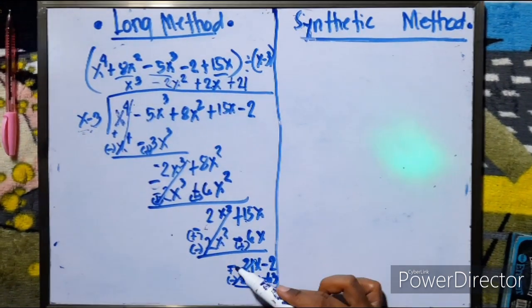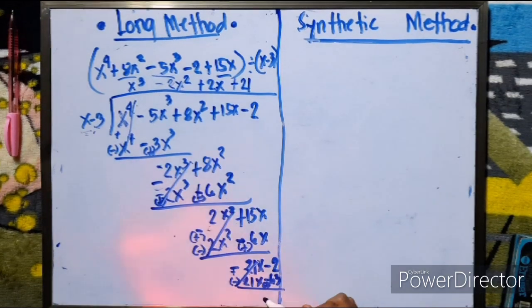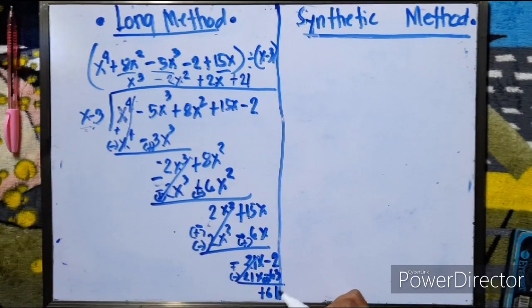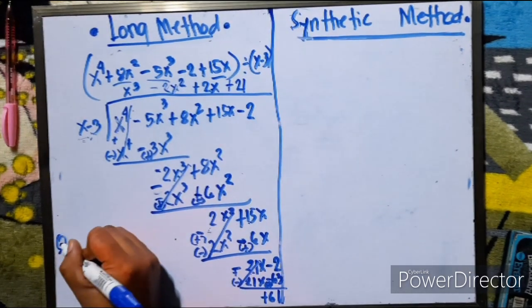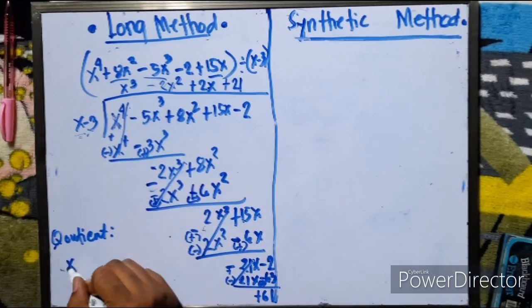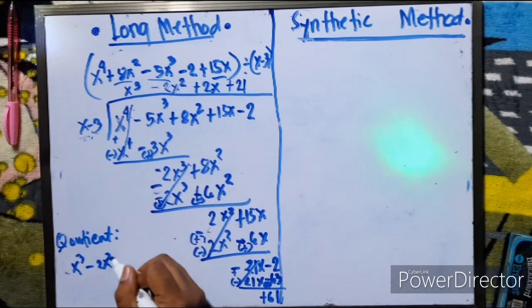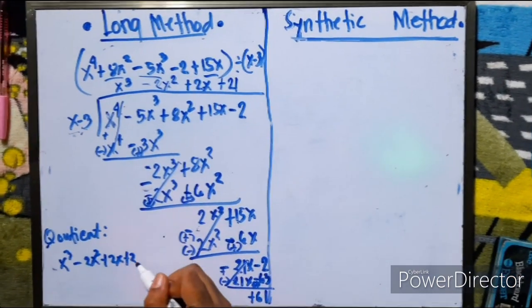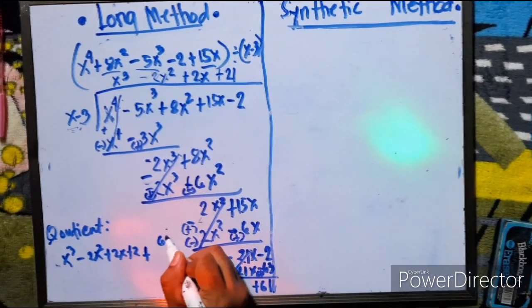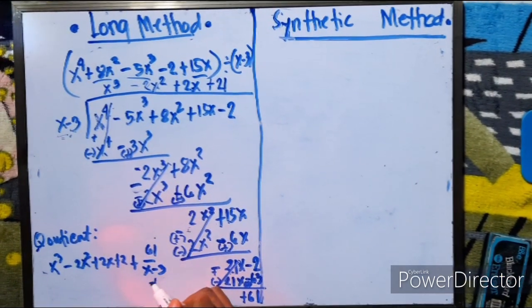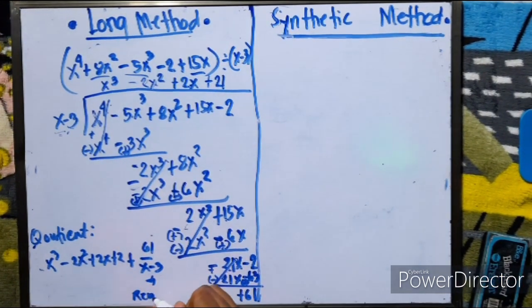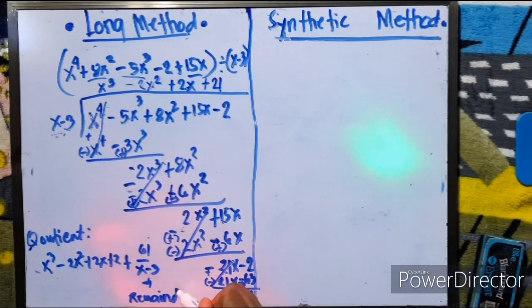Negative 2 plus positive 63, that is positive 61. What is our remainder? The remainder is 61. So our quotient is equal to x cubed minus 2x squared plus 2x plus 21, plus 61 over x minus 3. This is what we call the remainder, not reminder. Remainder.